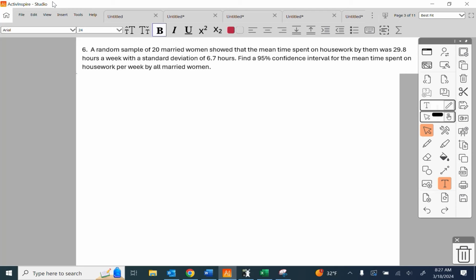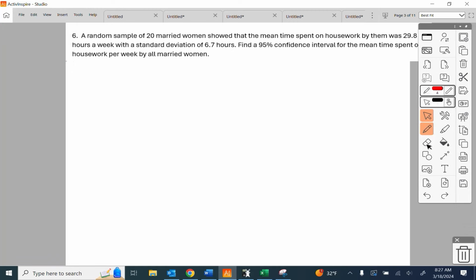There it is. So 95% confidence interval, I'm thinking 2 standard deviations. So I'm going to take my mean of 29.8 plus or minus 2 standard deviations, 2 times 6.7 over the square root of 20.